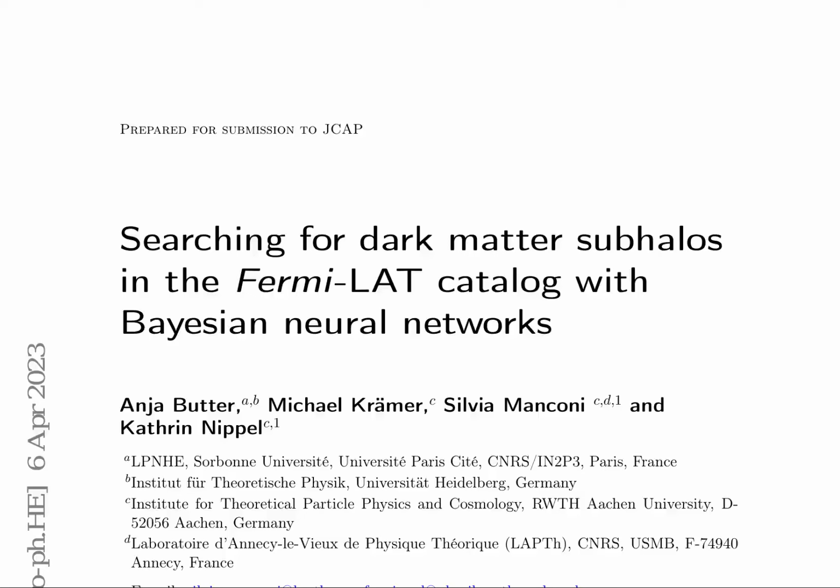The focus then shifts to unclassified 4FGL-DR3 sources, UNID, and their comparison with known astrophysical gamma-ray sources and detectable dark matter subhalos. A supervised machine learning classification approach, utilizing a Bayesian neural network, BNN, is employed to identify UNID sources with spectral properties similar to predicted dark matter models but differing from known astrophysical sources.